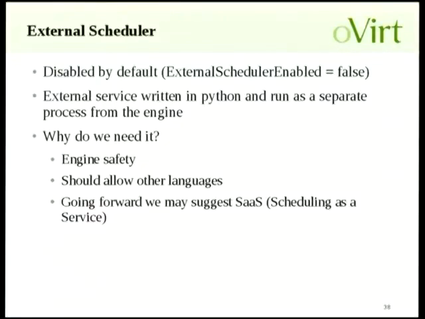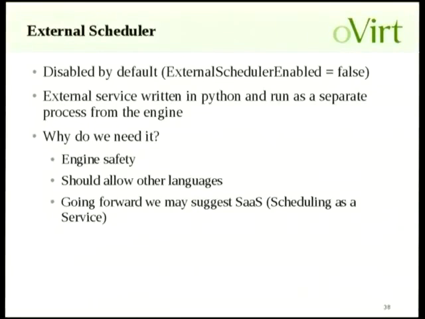Okay, let's talk about how it's implemented in the backend. It's disabled by default. Whoever wants to extend it and add filters should know how to install the external scheduler. The external scheduler is a separate process written in Python. We externalize it because we want to guarantee the engine's safety.